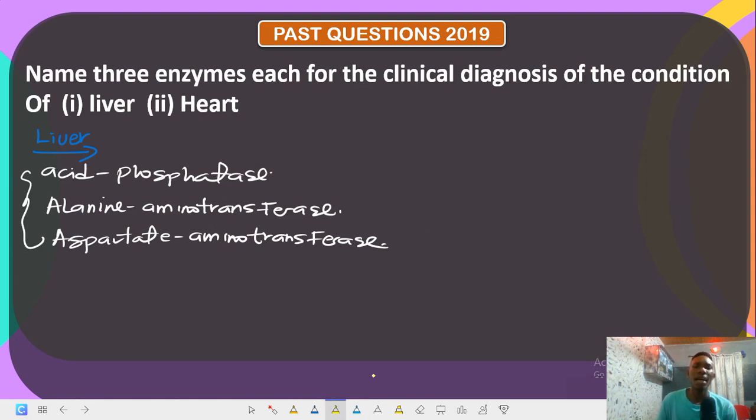Now coming to the heart, the 3 enzymes that help for that. When acid phosphatase is for the liver, alkaline phosphatase is for the heart.